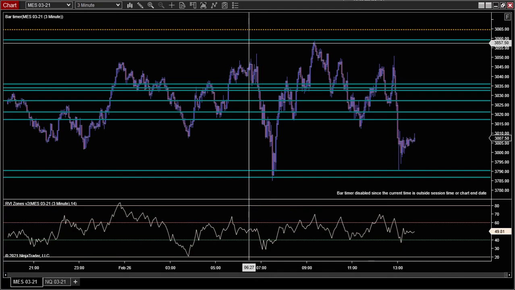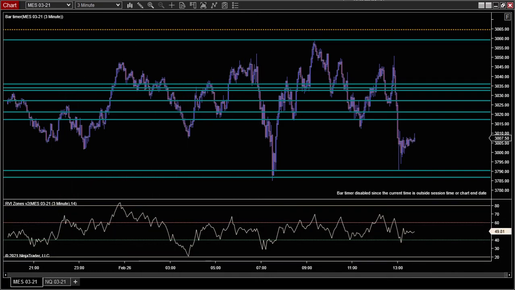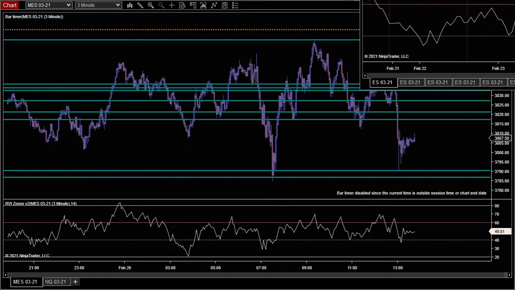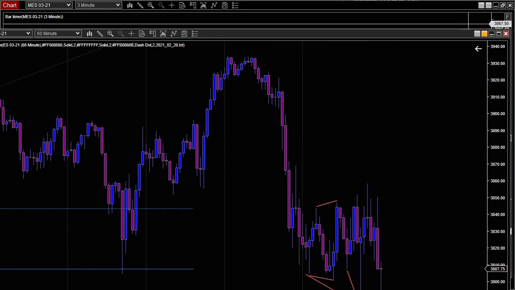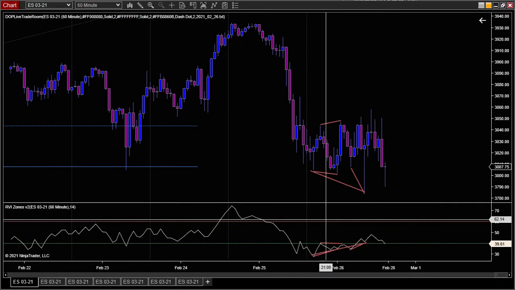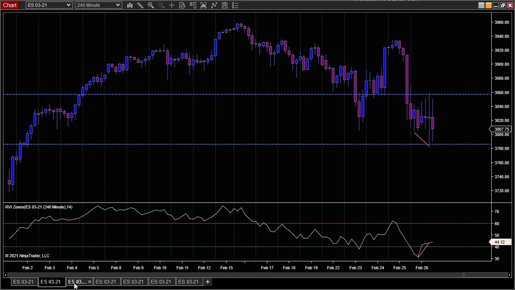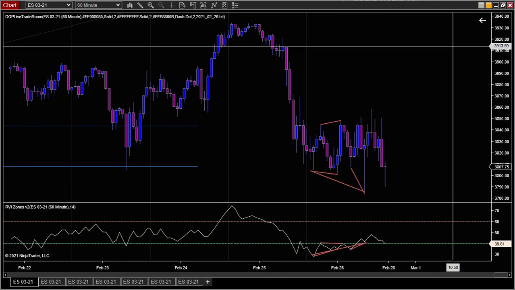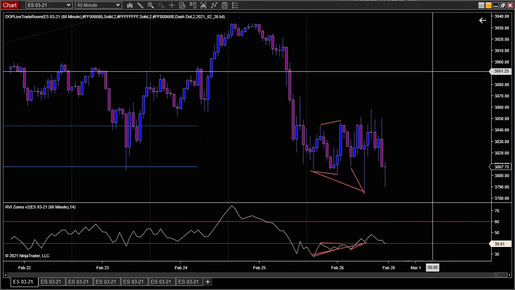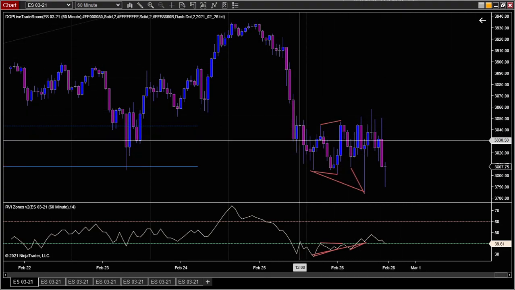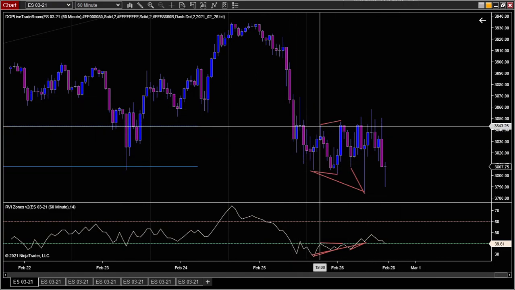If we had a really definitive case that we could build on, say, the 10-minute, the 30-minute, and the 4-hour, and it was really clear, I could tell you from a higher time frame perspective that we should look for a certain direction. But unfortunately, we just did not hit the jackpot here.